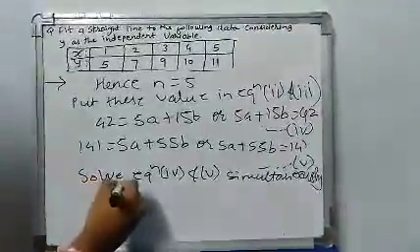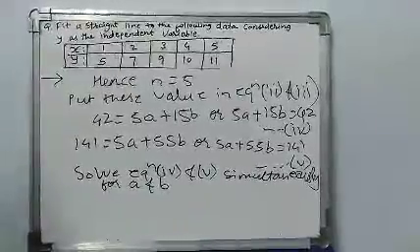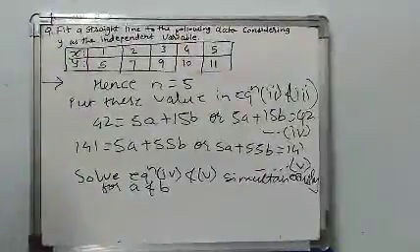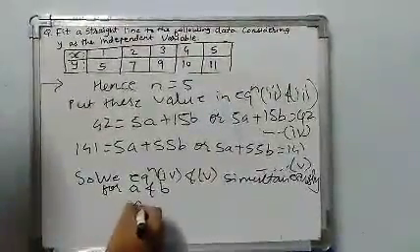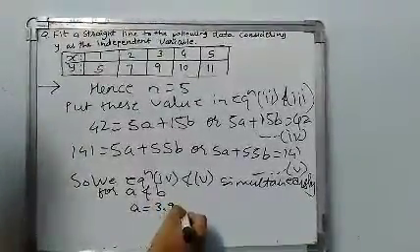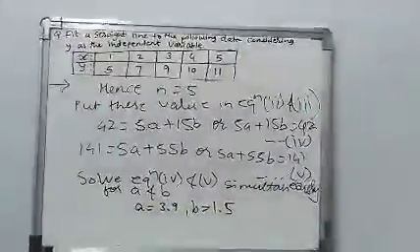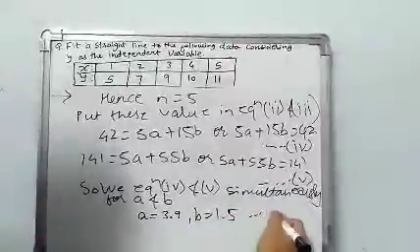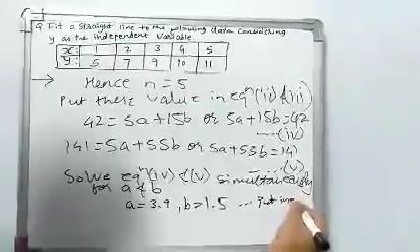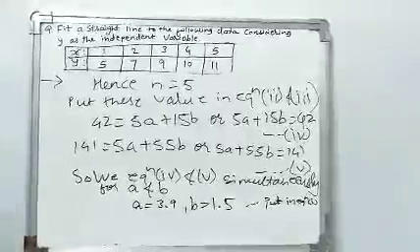After that you get the value of a, that is 3.9, and b equals 1.5. Okay, we need to put these in equation 1.